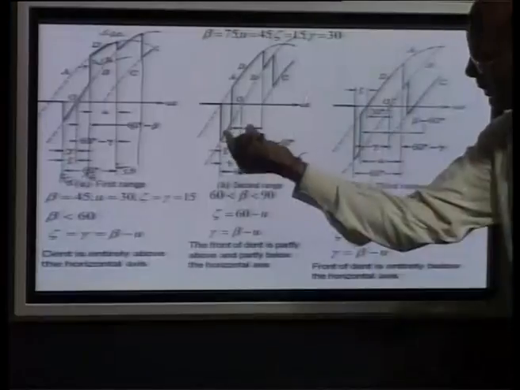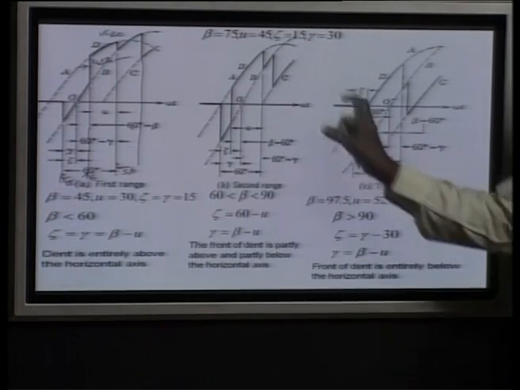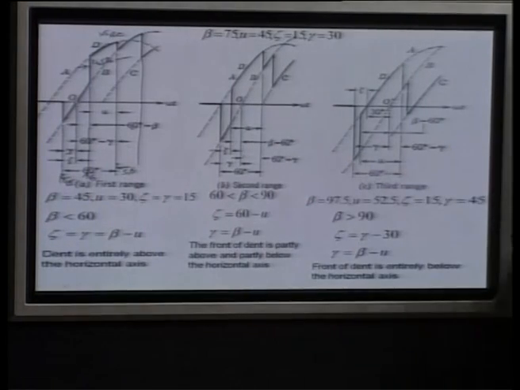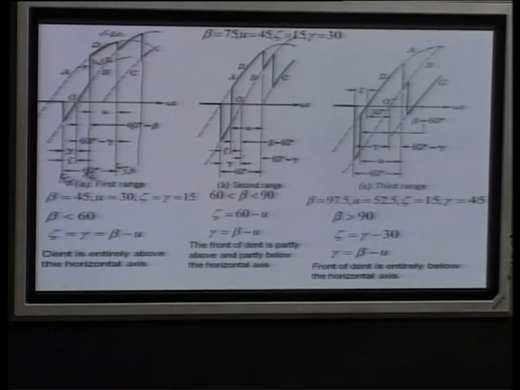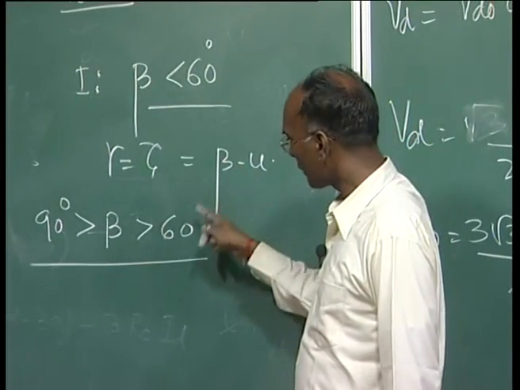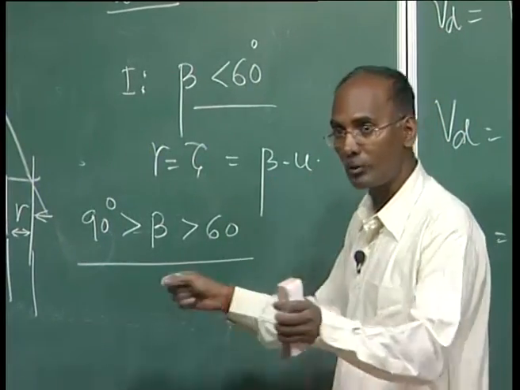Now, in this case, once your beta is more than 60 degree, what happens? This dent is going to be larger, because if beta is more and u is the same, then this angle is wider.